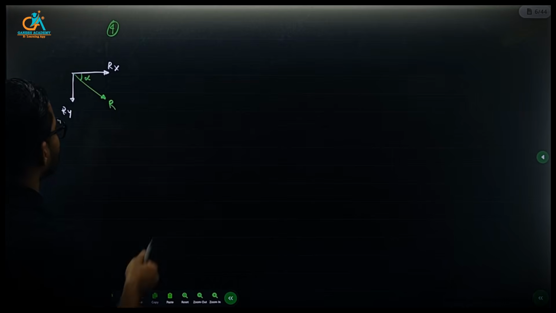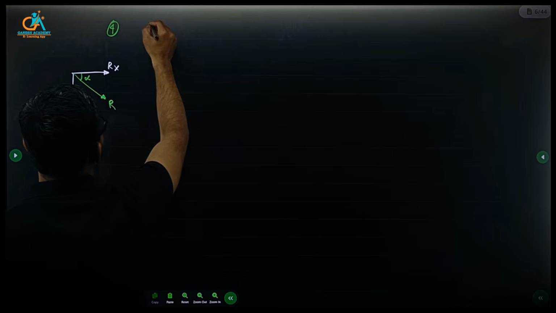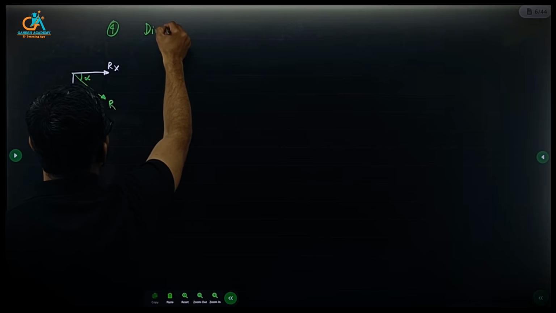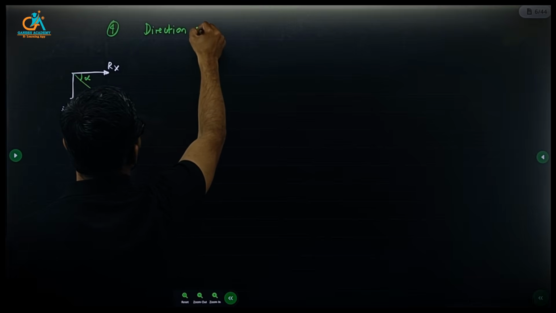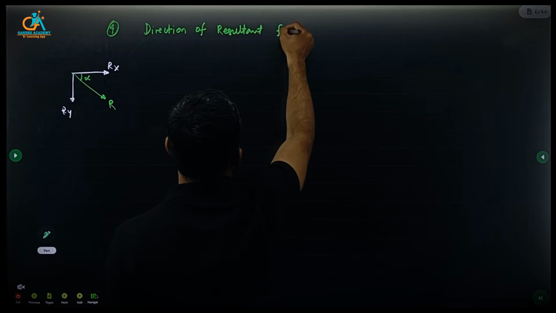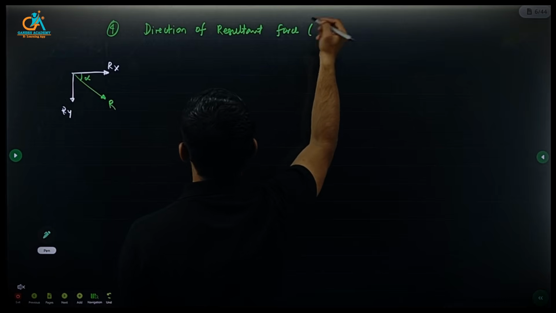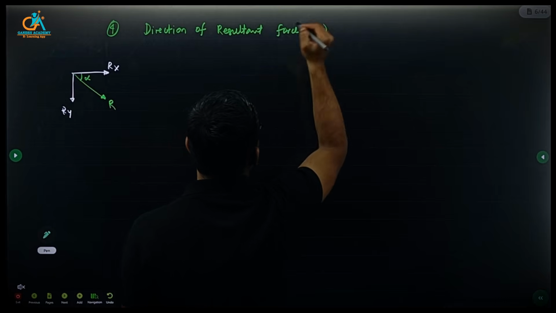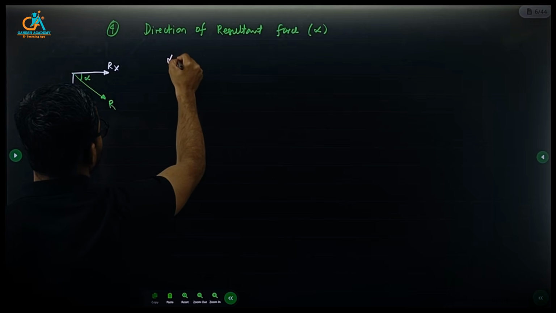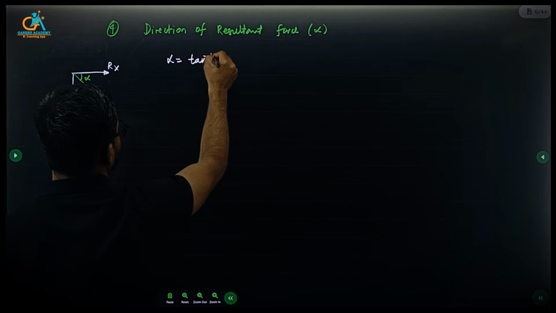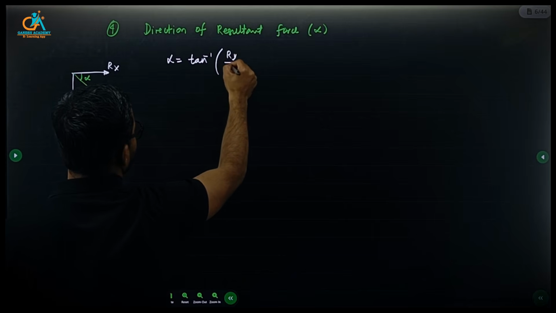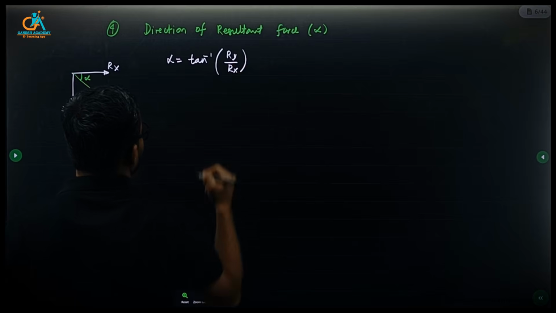So we can again use the trigonometric function. The direction of the resultant force, alpha with any of the axes, let's say the horizontal axis, is given by the formula tan inverse of Ry by Rx.